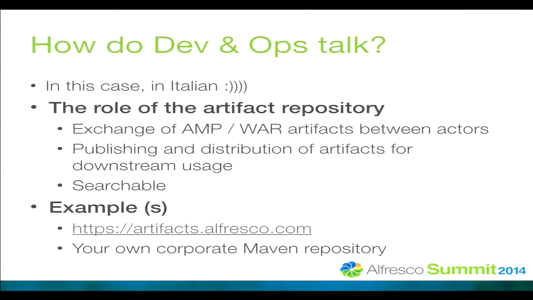But again, make sure that we really are leveraging more and more the Alfresco artifacts repository to deploy and provide to you releases, again, downstream usage of our software. Or you probably will need to set up your own corporate repository if you're having internal releases.